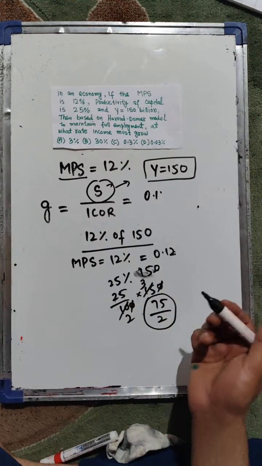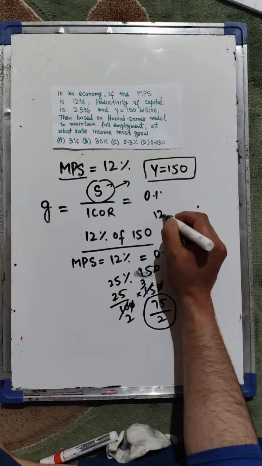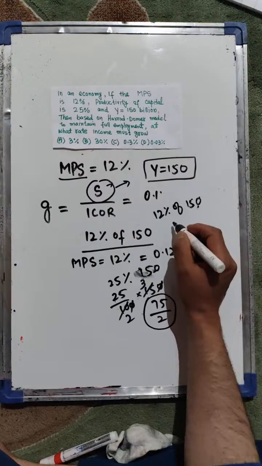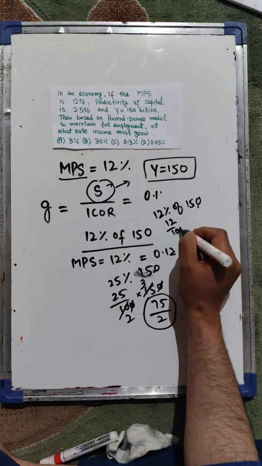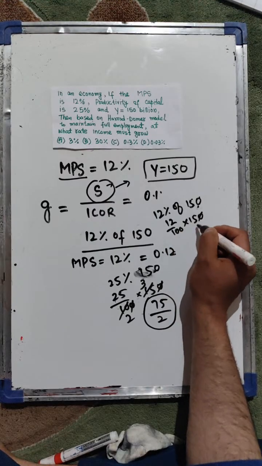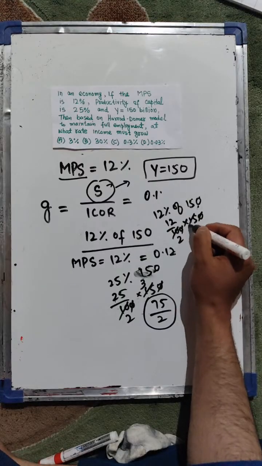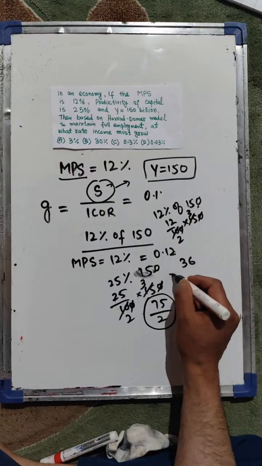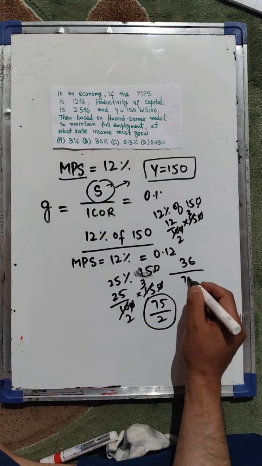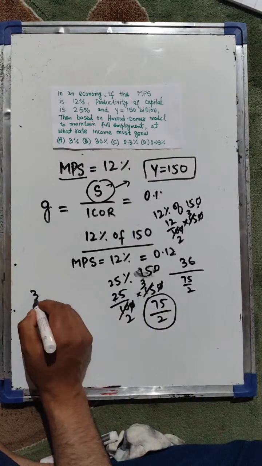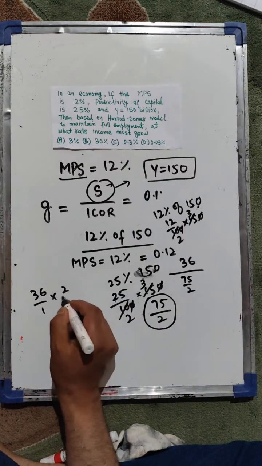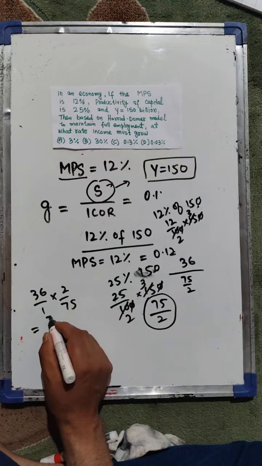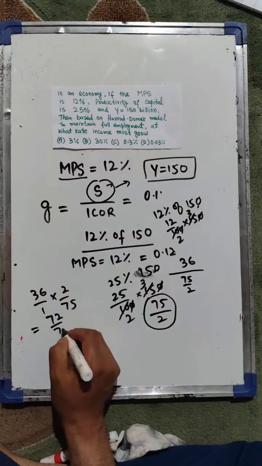Then savings out of income is 12%. 12% of 150, so it will be equal to 12 divided by 100 into 150. So 2 5 2s are 5 3s are, so it is here 36. Then we have divided by 75 divided by 2, so we have 36 divided by 1 into 2 divided by 75, so it becomes 72 divided by 75.